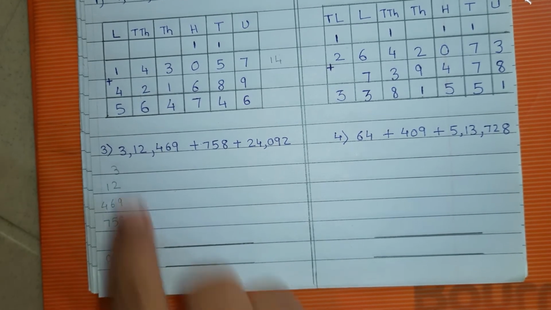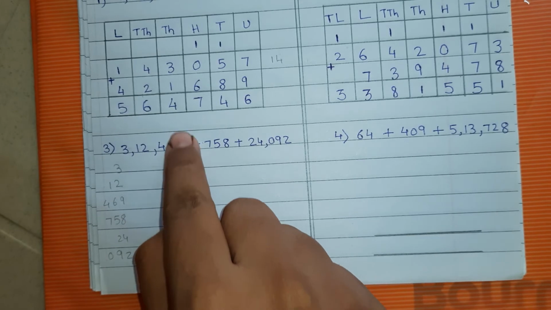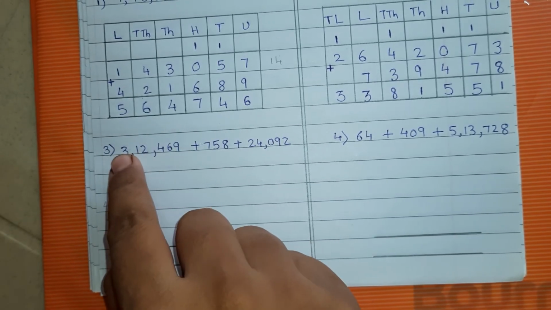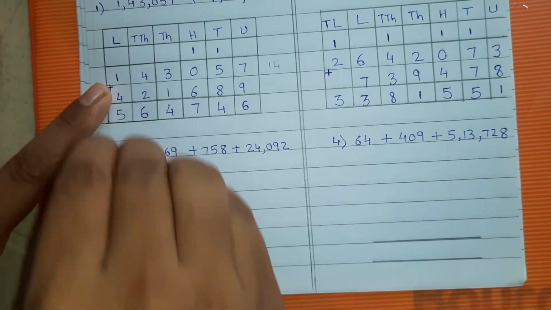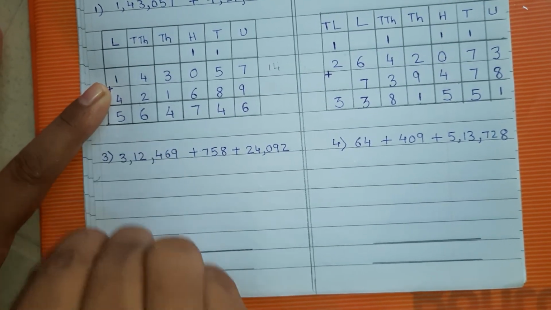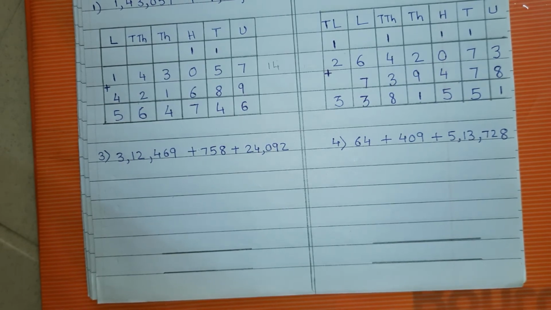So some students do like this. This is wrong. What does a comma mean? It is a single 6-digit number. So 3,12,469 is the single number.